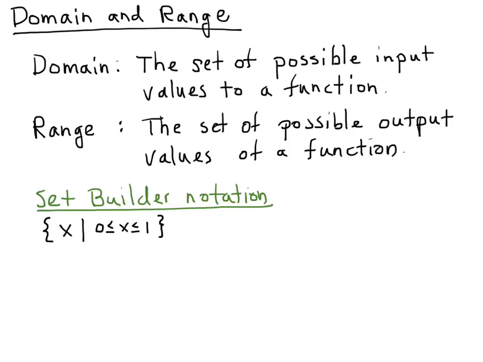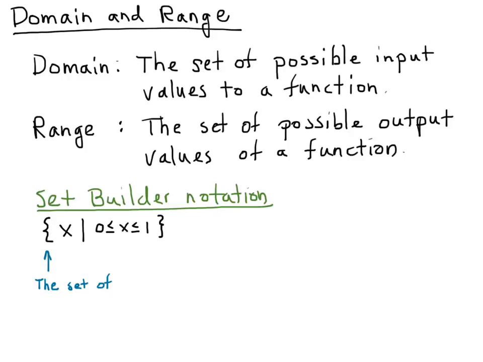So to review what set builder notation is about, it looks mysterious, but it's actually probably the easiest way to describe a set. What this comes down to is this, this brace here literally translates into the set of. And then we have an arbitrary variable.